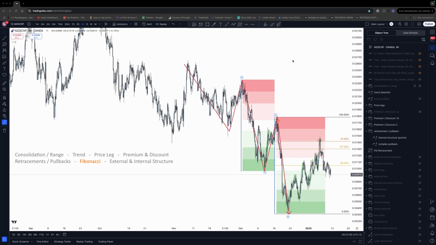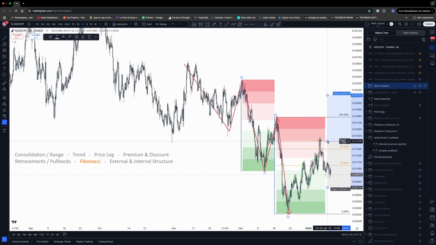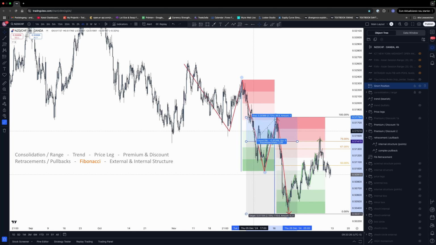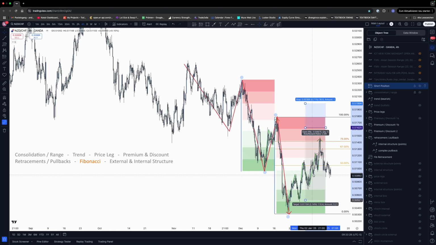It also reflects the proportion of the take profit versus the stop loss if you would want to trade it. So if you put a position tool here, and you put the stop loss at the high of the price leg and the take profit at the low, let's make this a little smaller.